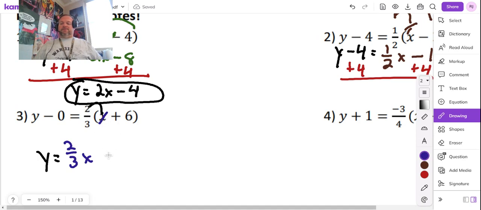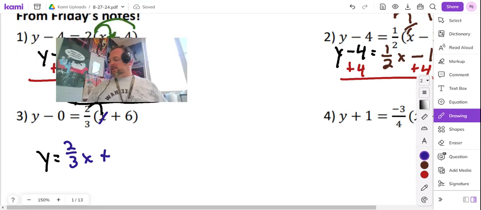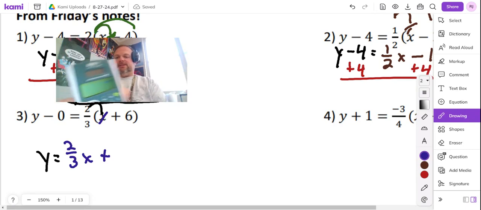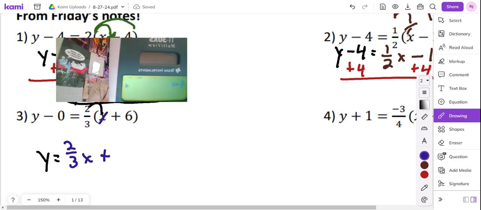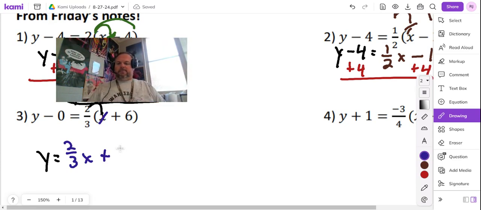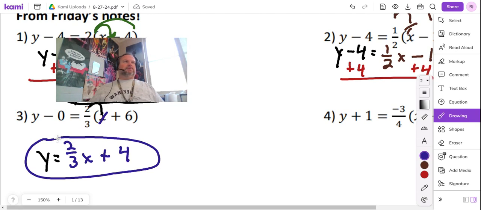And this is a positive times a positive. Now, if I don't know what 2 thirds times 6 is, I can use the calculator. N over D. 2 over 3 times 6. 4. Okay, that's our answer.